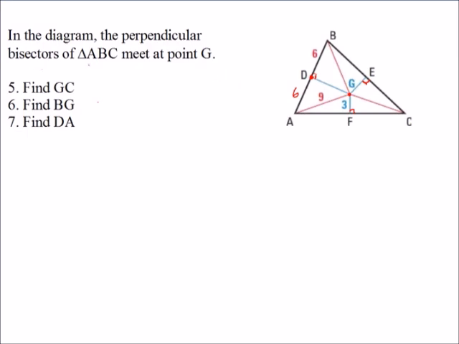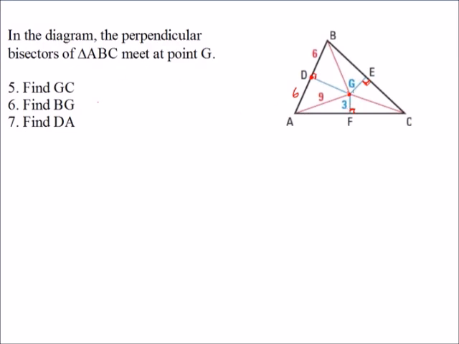The perpendicular bisectors of triangle ABC meet at point G. So we know that this is a perpendicular bisector, this is a perpendicular bisector, and this is a perpendicular bisector. So we know that G has to be the same distance to each corner of your triangle. Being that these are perpendicular bisectors, we know that D, E, and F are midpoints.